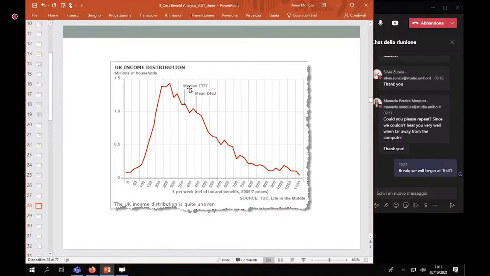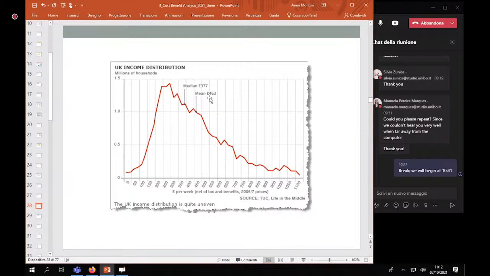But if I consider the median, it tells me that 50% of households live with an income below 377.